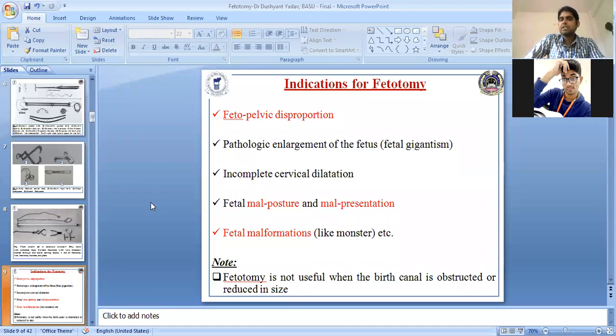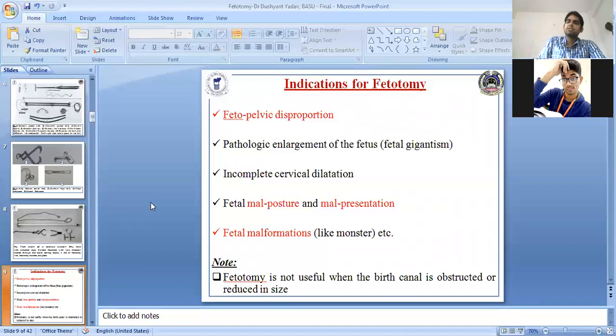And if there is malposture or malpresentation that is incurable, meaning which we cannot correct, that type of malposture and malpresentation, in those cases we can use the phytotomy.